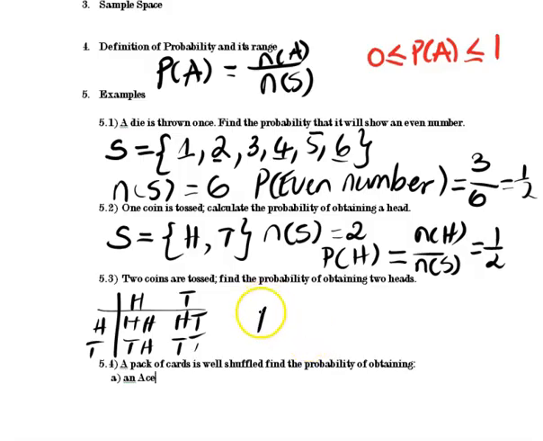So what's the probability of obtaining 2 heads? We have 1 head-head outcome, and the number in the sample space is 1, 2, 3, 4. So we have 1/4.